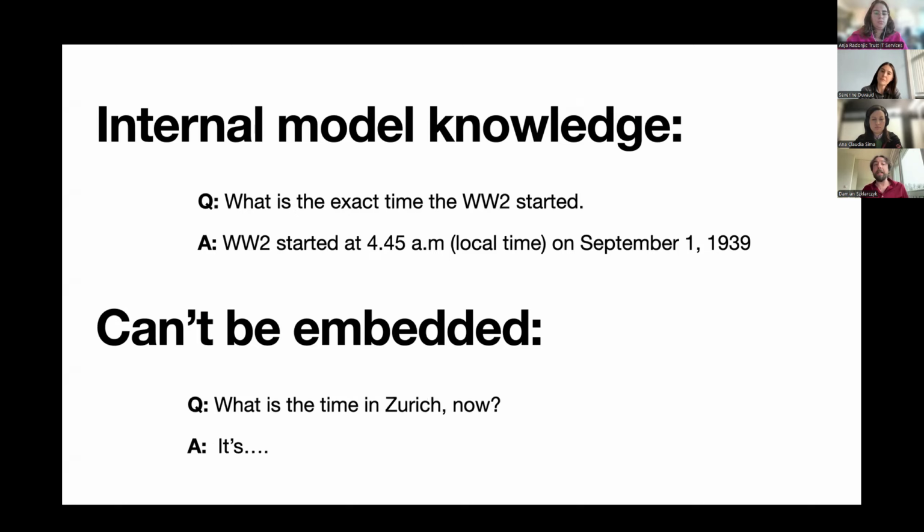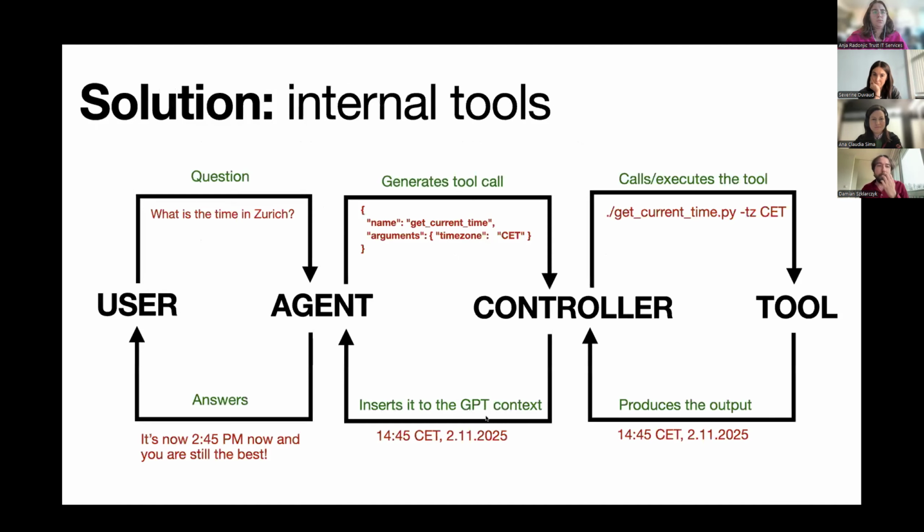But it actually does. If you ask ChatGPT what is the time in Zurich now, it will answer something and it will be correct. So how does it do it? The user asks the question, what is the time in Zurich? The agent takes it and knows that for such a question it should create a very particular structured data within its response.